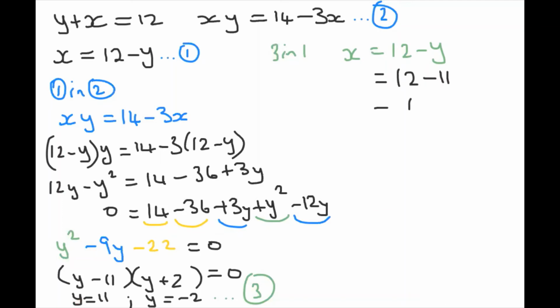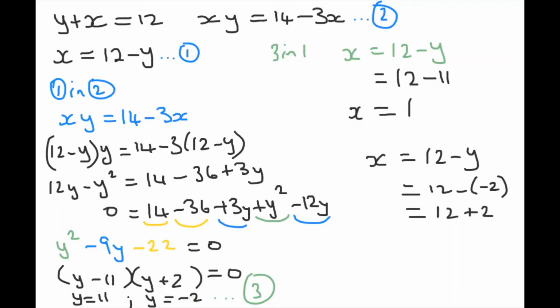Then x equals 12 minus 11, which is 1. And let's write it again: x equals 12 minus y. I'm going to put this y of minus 2 into this equation. I usually keep the bracket because I'm dealing with two minuses. So that's 12 plus 2 equals 14.